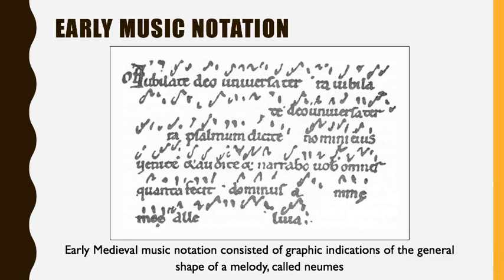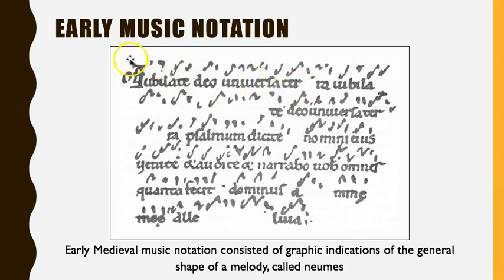Okay, so talking about musical notation, and again, I don't expect that you know how to read musical notation. That's not necessary for this course. But it's just a fun side note here. You can see a very early piece of musical notation. We've got a Latin text right here, and any music that would be performed in the church during this time period would be in Latin.